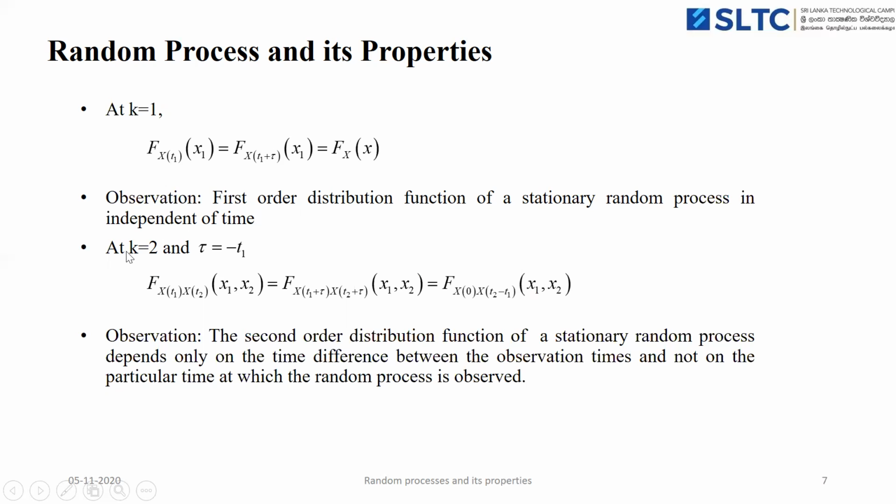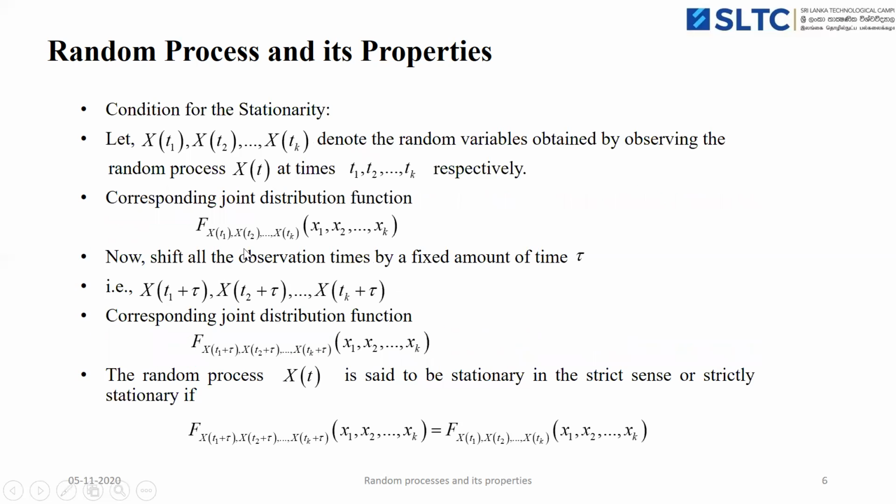Next, consider k equal to 2 and tau equal to minus t1. Then you can substitute k equal to 2 and tau equal to minus t1 in the previous equation.